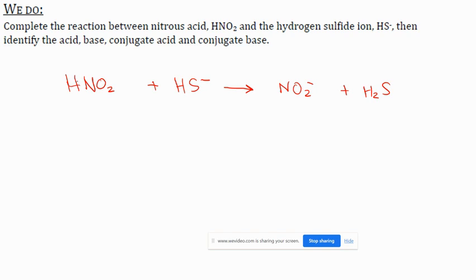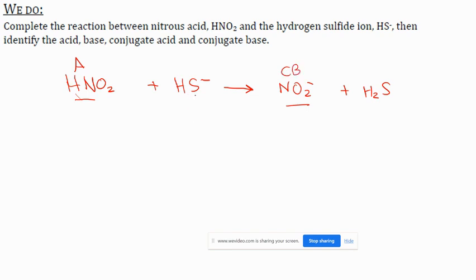We are trading, we're moving hydrogens around. Okay, so the hydrogen from this acid is going to come over to this guy. So this hydrogen's just getting moved over to here. See that? So find your pairs. I got a pair here and a pair here. Which one has more hydrogen? This is your acid. This is your base.